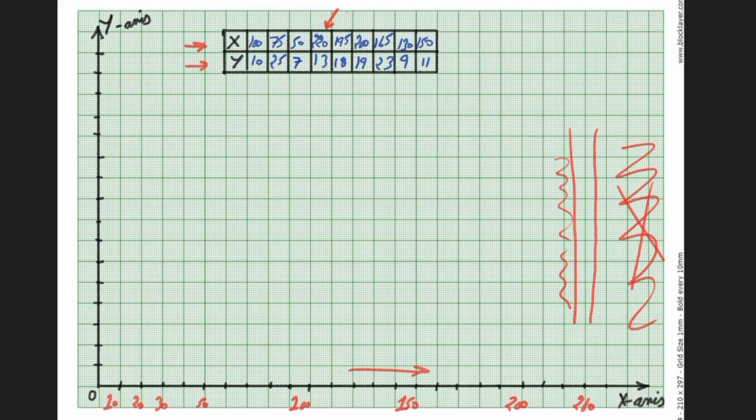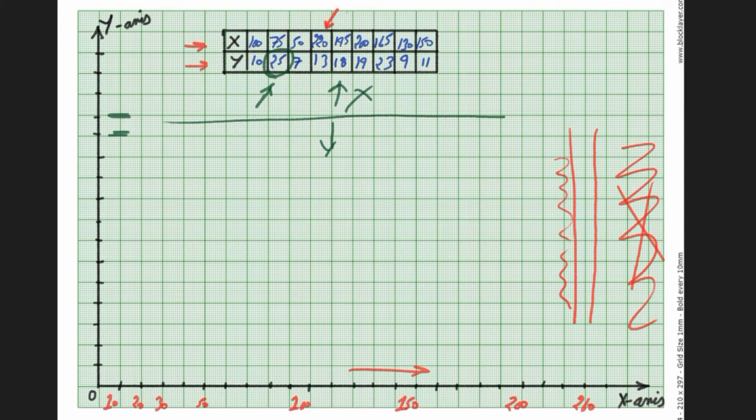For the y-axis, the biggest number is 25, and I would like that 25 to appear somewhere in this range, maybe below it, but definitely not above it. So that 25 marking should be somewhere here.